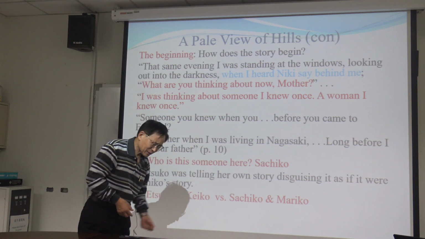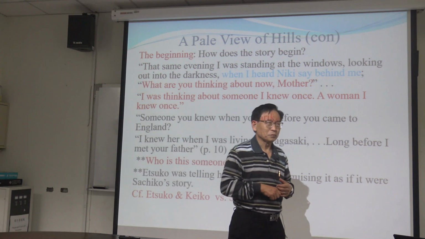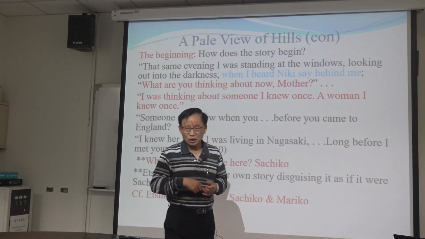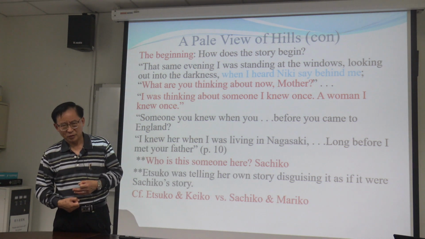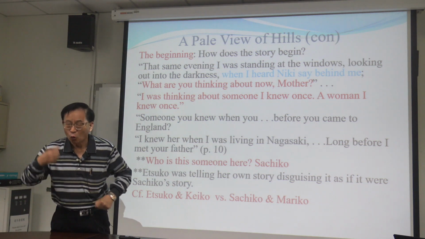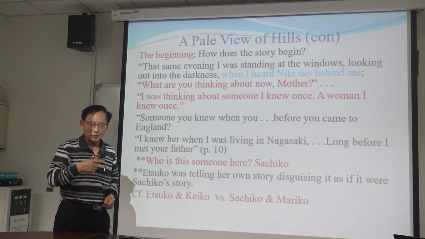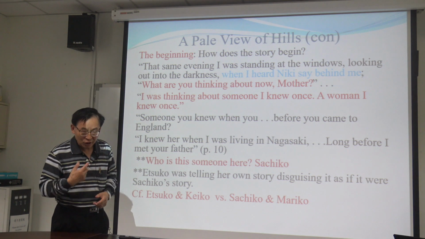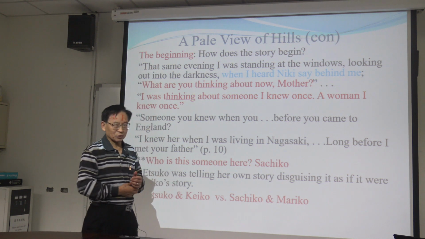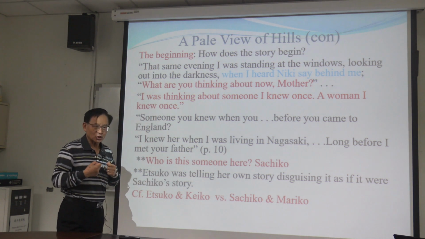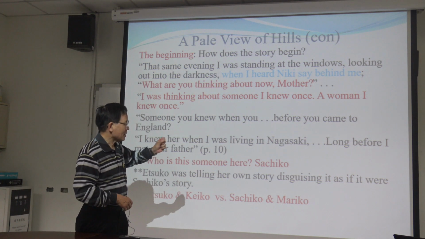But why Nagasaki? You could imagine the author could set the story in Taipei, or in Tokyo, or in Kyoto, or in Osaka, if you want to choose a city in Japan. Why in particular did he choose a city like Nagasaki? This might be a good question for you to think about. But one very clear hint is the author Ishiguro himself was born in Nagasaki.